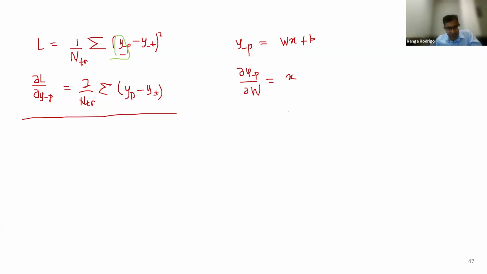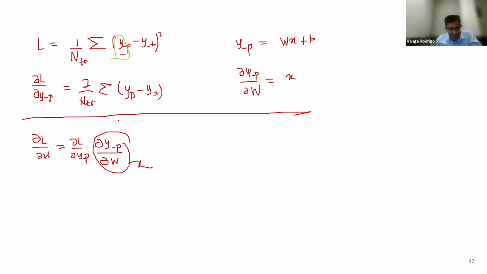But now if I ask you, given this, what is the partial derivative of L with respect to W? That is what we want in gradient descent, right? That is the partial derivative of L with respect to y_p, by the chain rule, times the partial derivative of y_p with respect to W. Can you see that this is just equal to x? This we have already found. So these two things we have to multiply.